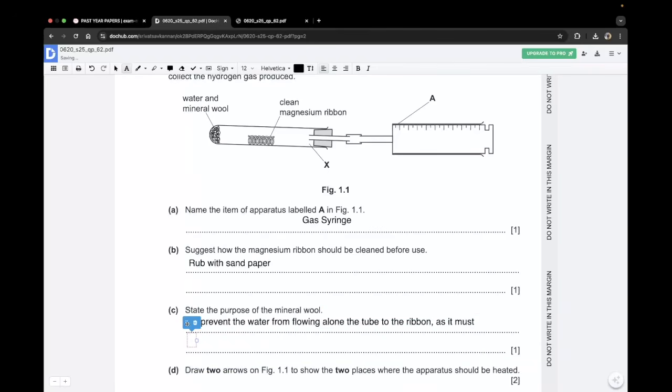I like to add a little bit more detail than what they explicitly want to make it as clear as possible. I also like to add that this is because the mineral wool absorbs the water.